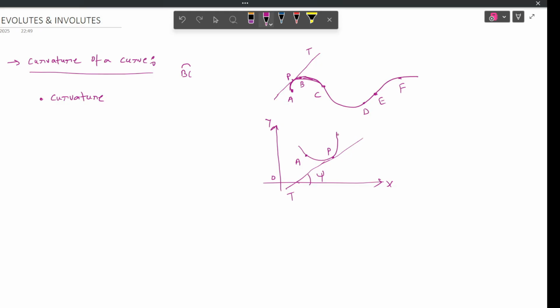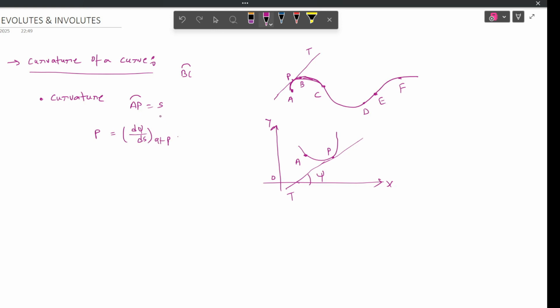Mathematically we can say, for a curve with A as a fixed point on it, let the arc length AP be s, and psi the angle made by the tangent to the curve at point P with the positive direction of the x-axis. Then we can say that the curvature at P is d psi by ds.